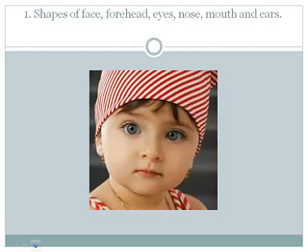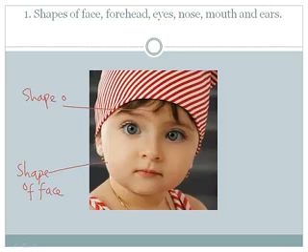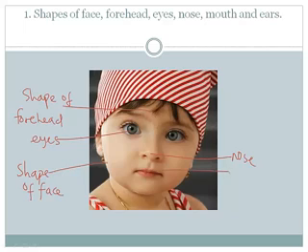Now we can see the shape of this child, the shape of her face, the shape of her forehead, see the eyes, see the shape of the nose, see the shape of the mouth, even the ears.